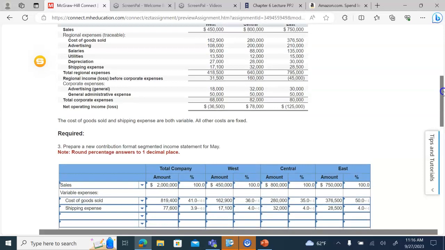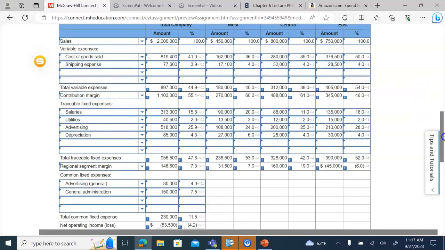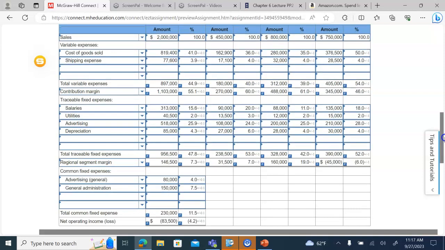So their traceable expenses for West, depreciation, utilities, salaries, advertising, salaries, utilities, advertising, depreciation, those are all their traceable fixed.